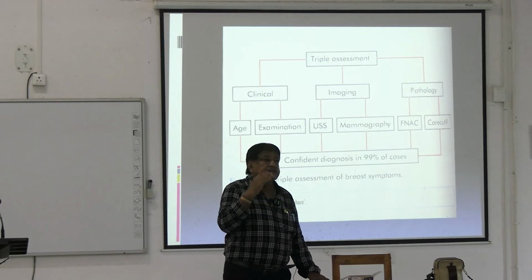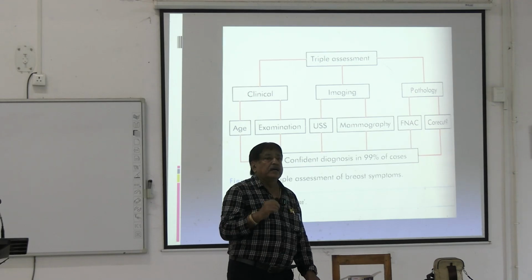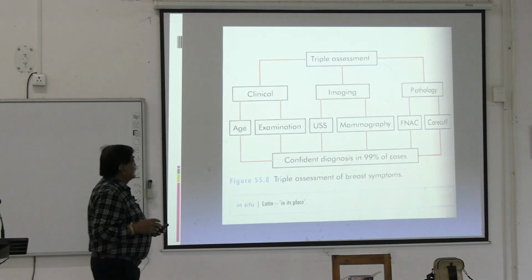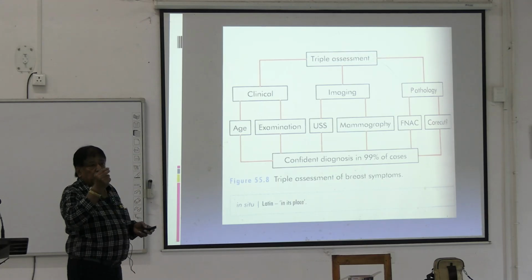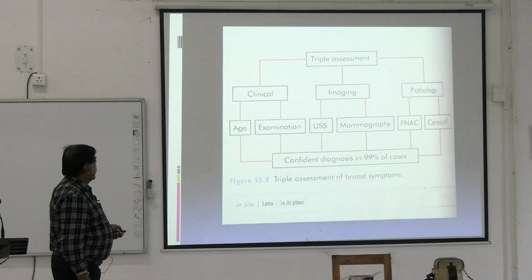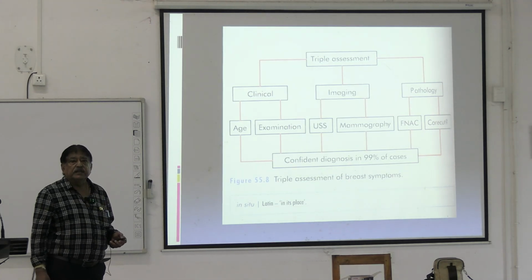So, increase in the mitotic figures in a histopathology report, especially FNAC, but core cut you get more tissue. So you do a core cut. Now confident triple assessment of breast, confident diagnosis in 90% of the cases.